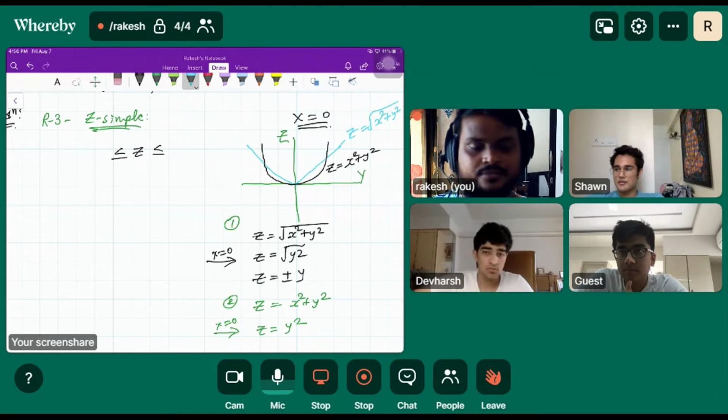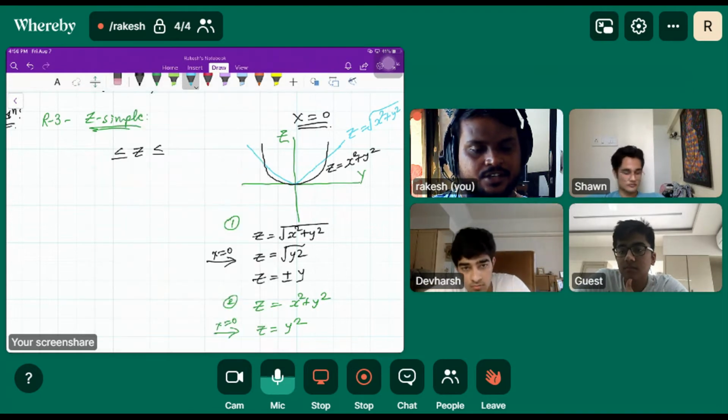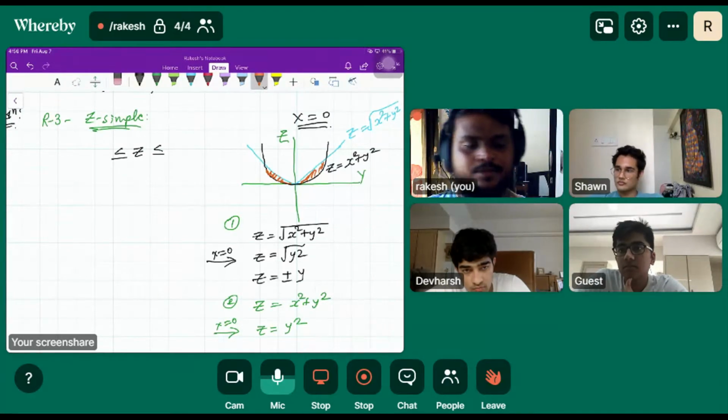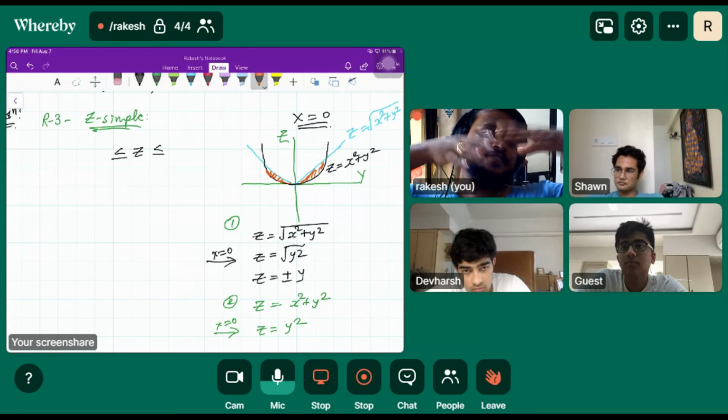Okay, so this is our region here. Basically, where these two surfaces intersect, that we are finding out.